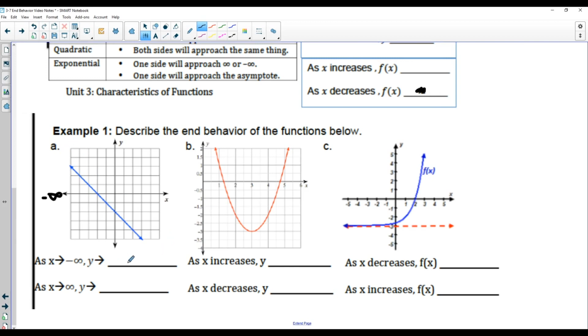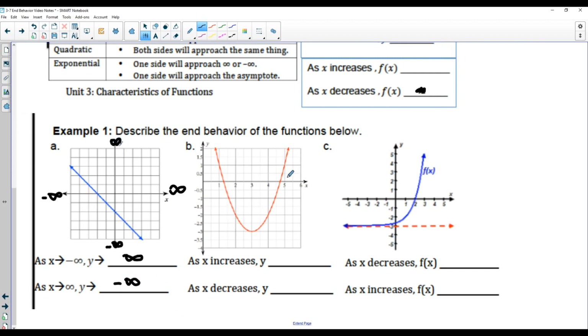So as x approaches negative infinity, y is going to approach positive infinity because my y values are getting bigger as the x values are getting smaller. As x approaches positive infinity, so as I go to the right, my y values are getting smaller, so my y values are approaching negative infinity. So I would put negative infinity. And that's all there is to it.